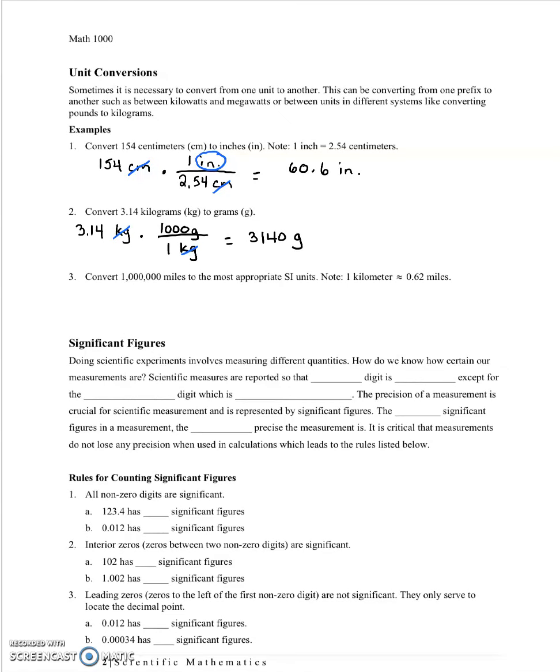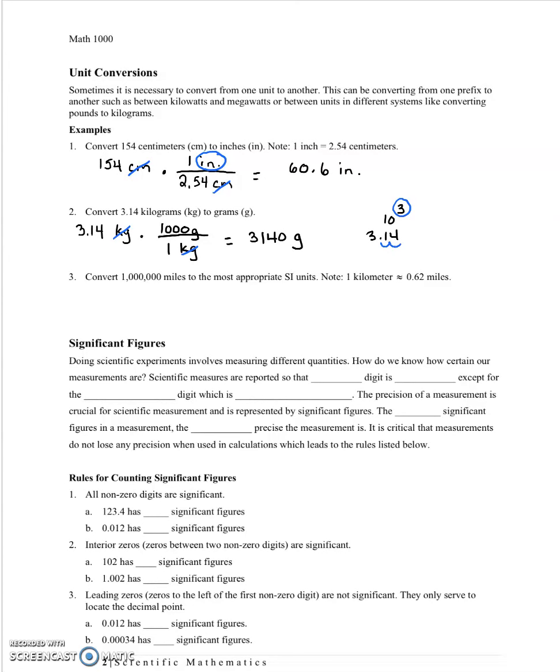The second way to do this, we'll talk more about later when we learn more about scientific notation. But since we know that kilo is 10 to the third, we can look at the 3, and since it's positive, that means we're going to move the decimal point in our 3.14 3 times to the right.